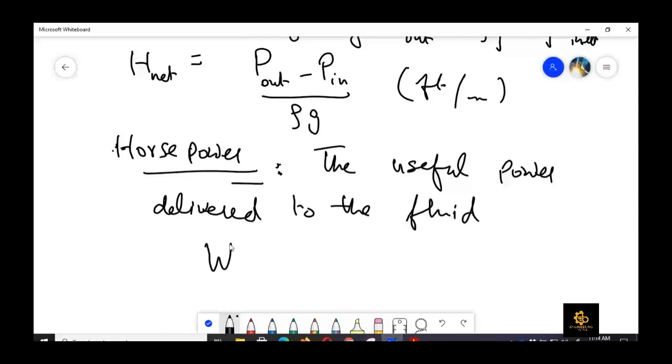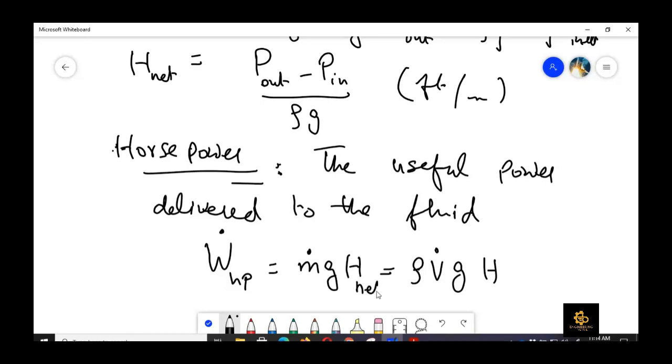That is equal to mass flow rate times gravitational constant times H, the net head given by the pump. We can also write it as rho times V dot times g times H, where V dot is the volume flow rate, and H we can also call H net. So this is the useful power which is delivered to the fluid.